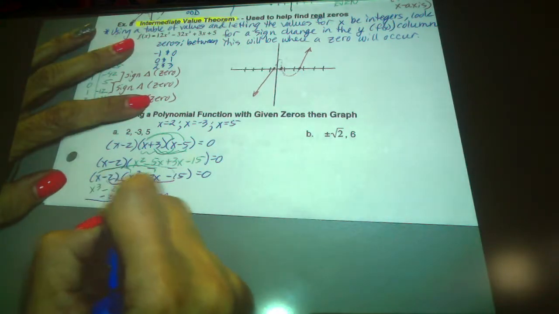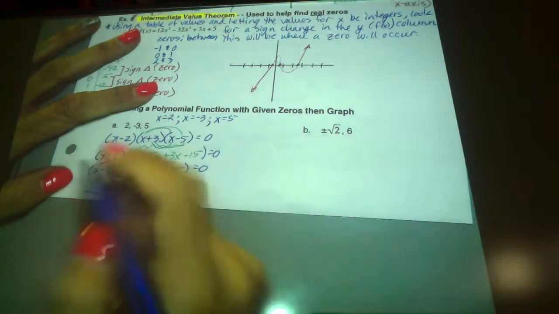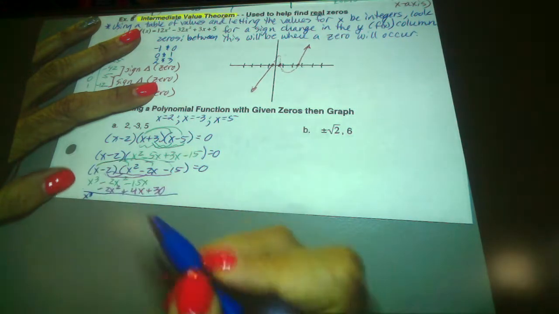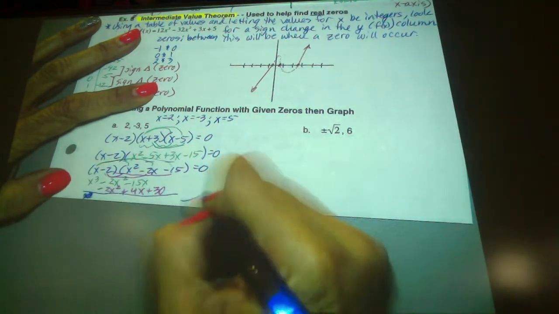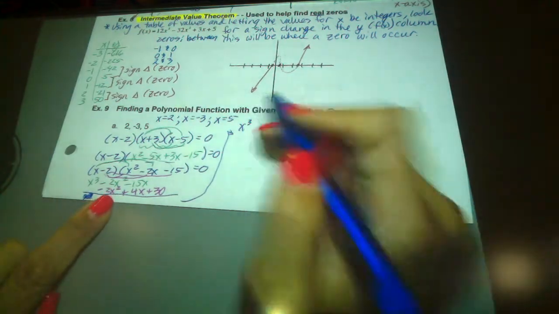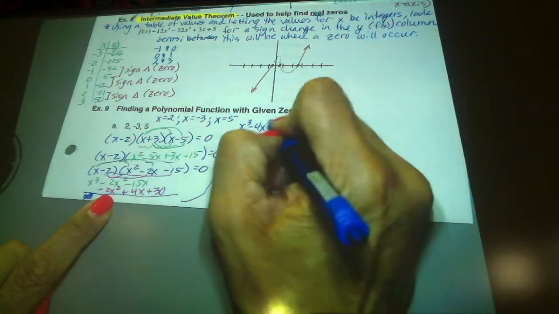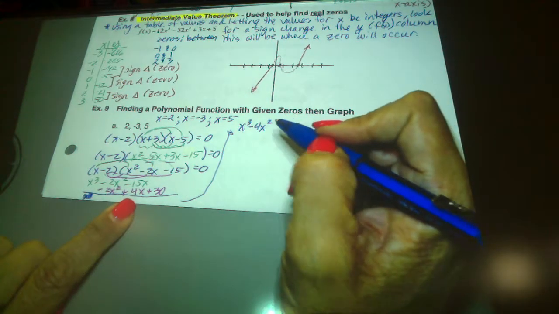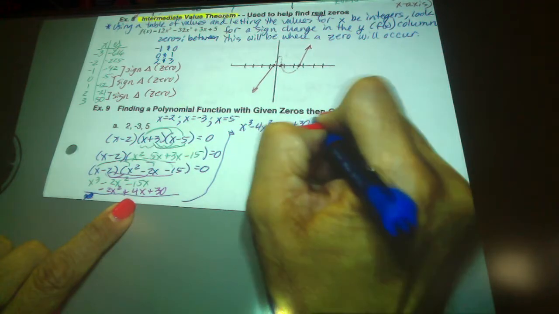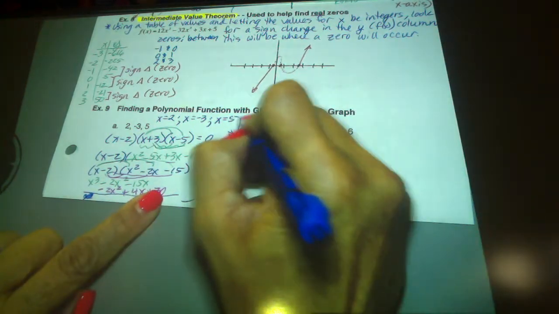So when I finally collect like terms, I get x cubed. These don't cancel, add and keep the sign: negative 4x squared. Subtract and keep the sign of the larger: negative 11x plus 30 equals 0 or f of x, whichever you prefer.